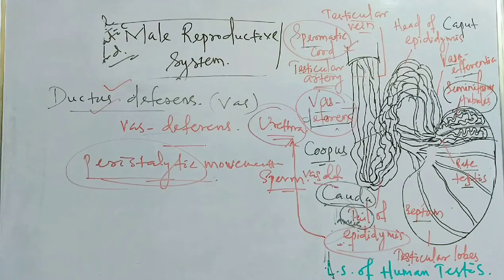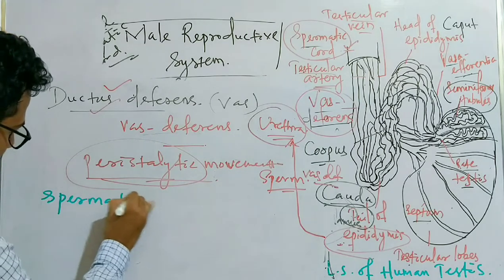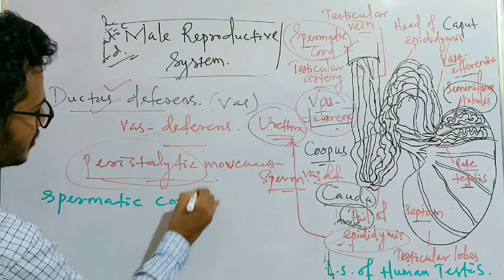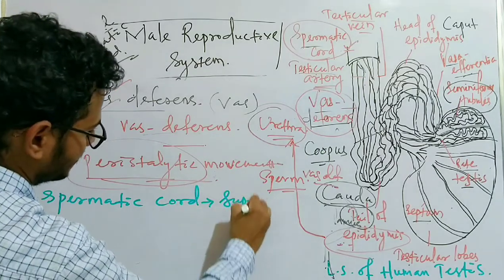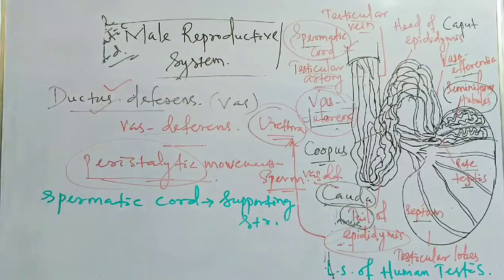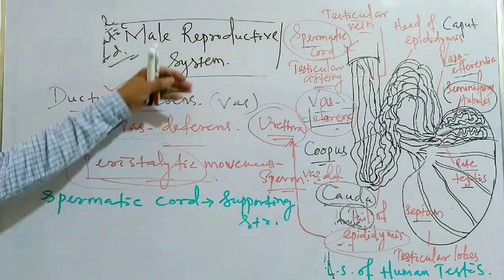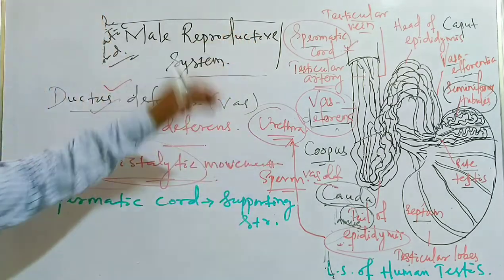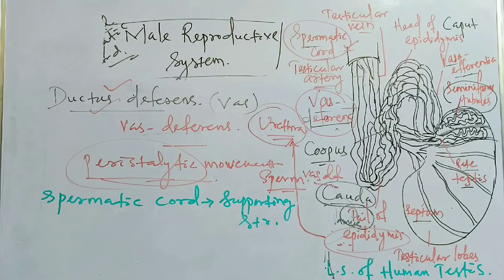It is the supporting structure of the male reproductive system that helps in making a connection between the abdominal cavity and the scrotum. Okay, what is there in it?